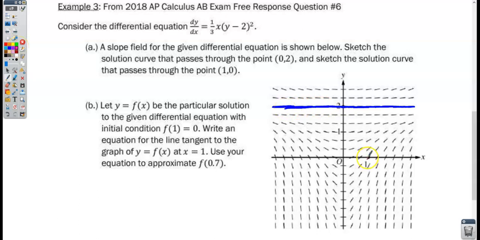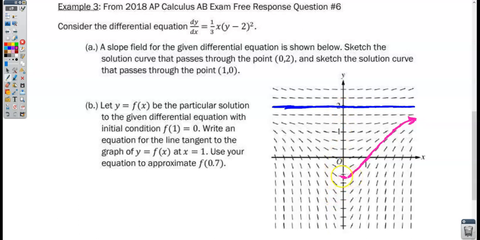The other solution curve passes through the point 1,0. You see that the curve goes up and starts to flatten out as we move towards the edge of the boundary. Something like that. And as we move in towards the middle, it goes like this. And then when we get to the y-axis, everywhere the slope is 0 on the y-axis. So the curve flattens out there.